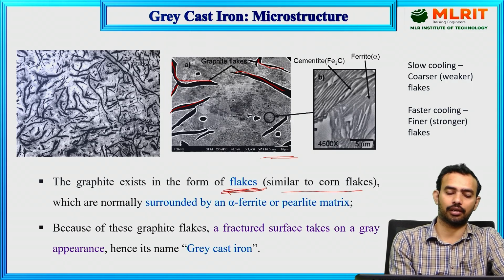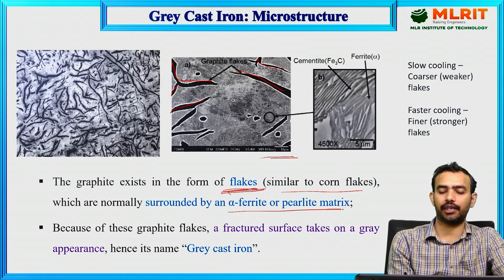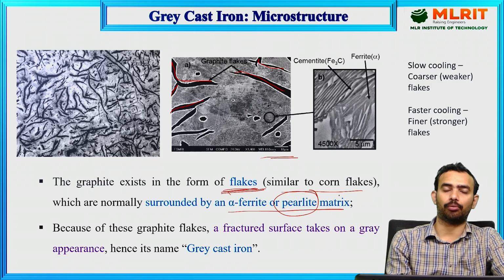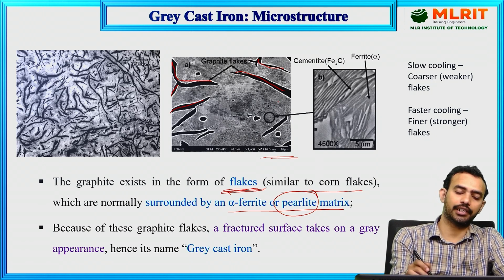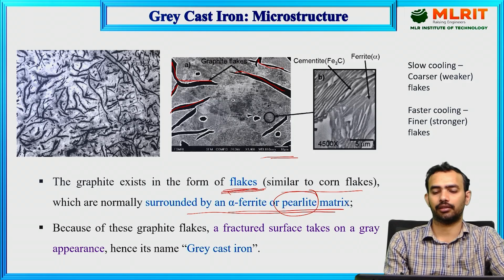These graphite flakes are normally surrounded by alpha ferrite and cementite, or the pearlitic mixture. Pearlite, if you recall, is a combination of alpha ferrite and cementite. It's alternately a mixture of alpha ferrite and cementite. So this graphite has been surrounded by this matrix, pearlitic matrix or ferritic matrix.